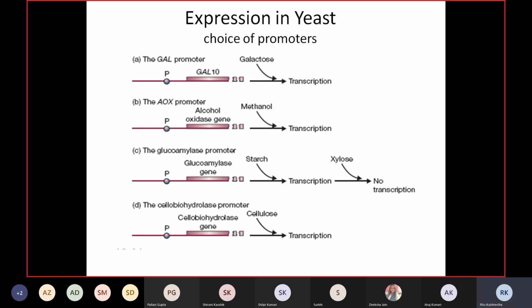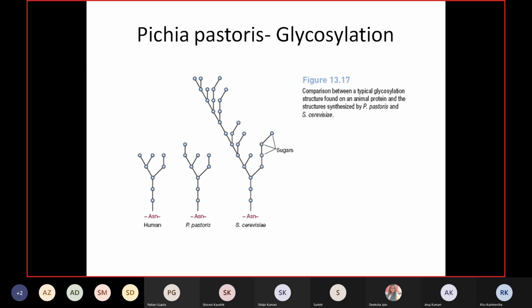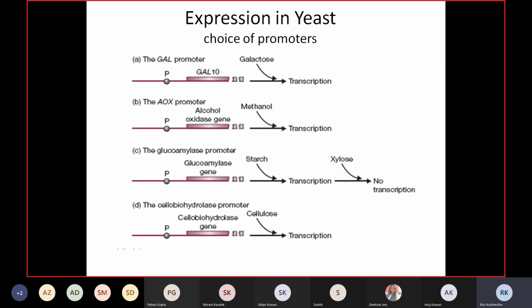And in the case of bacteria, I've told you the IPTG inducible system, but I'll introduce you to others when I come to the expression vectors. So that's all the introduction to yeast. I've told you about the yeast host strains that can be used, the various vectors, and also the various promoters that are used when you want to clone your gene of interest in yeast.